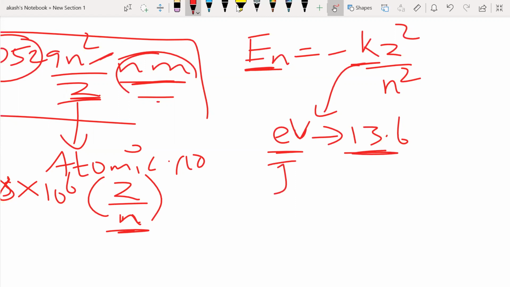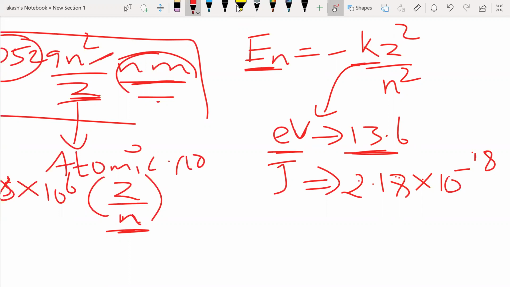If you want the answer in joules, then you have to put the k value as 2.18 into 10 to the power minus 18.